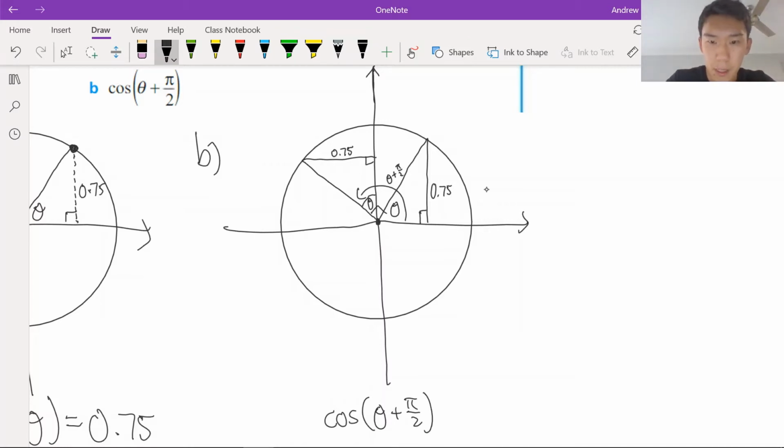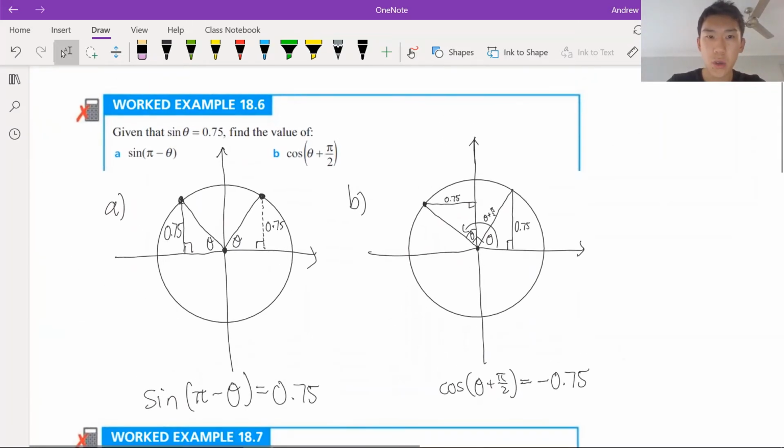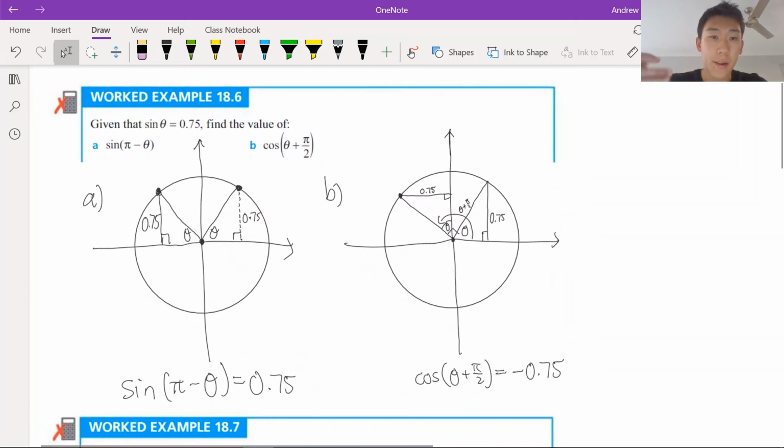Well, it just so happens that the x coordinate of this point represents cos theta plus pi on 2, and the x coordinate here would be negative 0.75 because we're going in the negative direction of the x-axis. And we're done. So that's how we can use the unit circle without a calculator to solve some problems of this type.